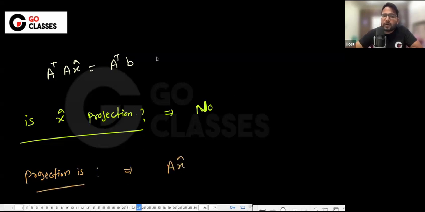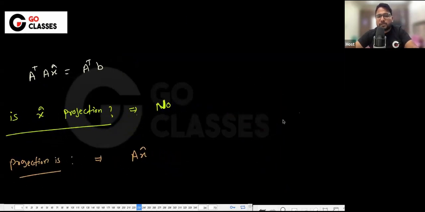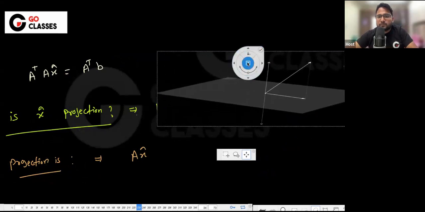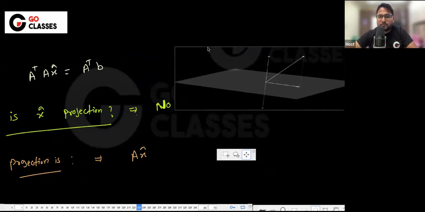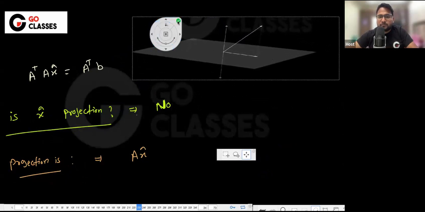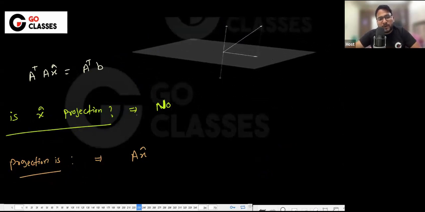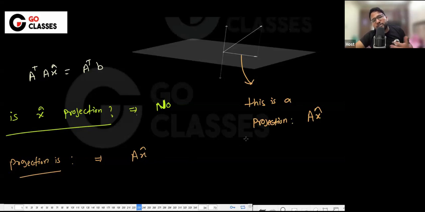Okay. So for example, here you have something like this. In this particular diagram, this is the projection, which is given as Ax cap. x cap is basically the coefficients.